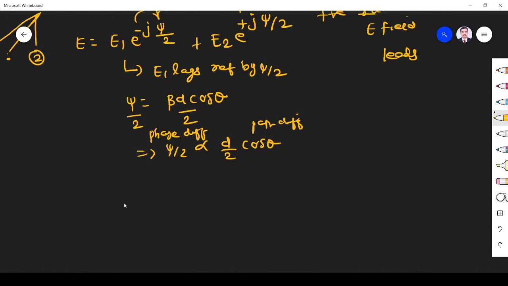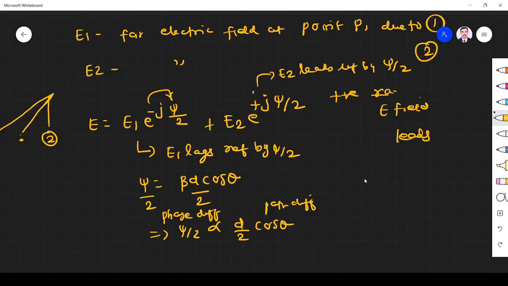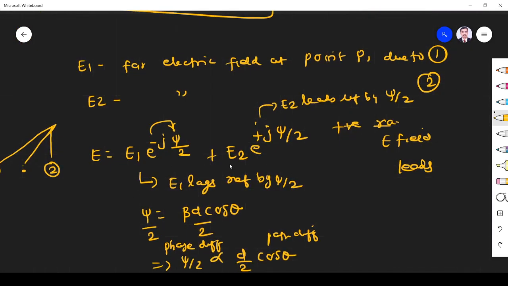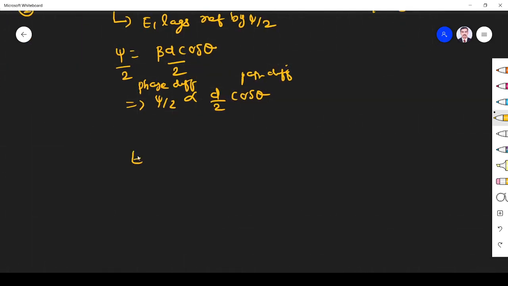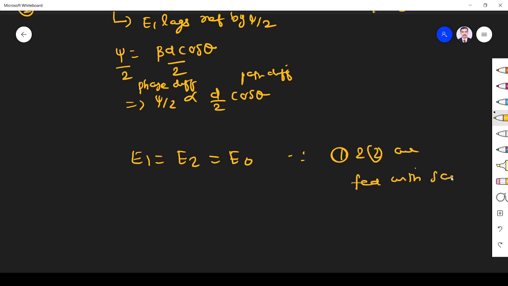Now hereafter the derivation is very simple. E is equal to E1 plus E2. E1 is the electric field due to source 1, E2 is the electric field due to source 2. But we know both are fed with the same current, so the field will be the same. Only phase will be different. So E1 is equal to E2 is equal to E0, because source 1 and 2 are fed with the same current.